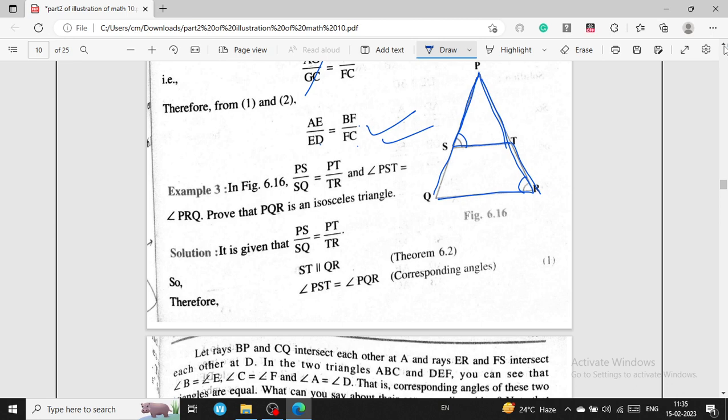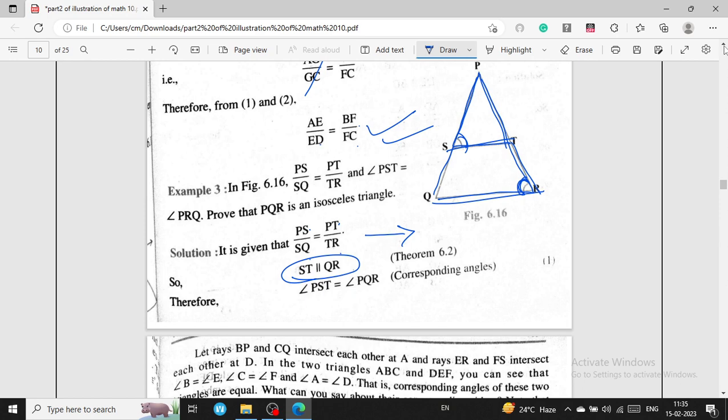First of all, we have to write these statements. PS over SQ is equal to PT over TR is given, which means according to the second theorem, ST is parallel to QR. Angle PST is equal to angle PQR because both are corresponding angles.